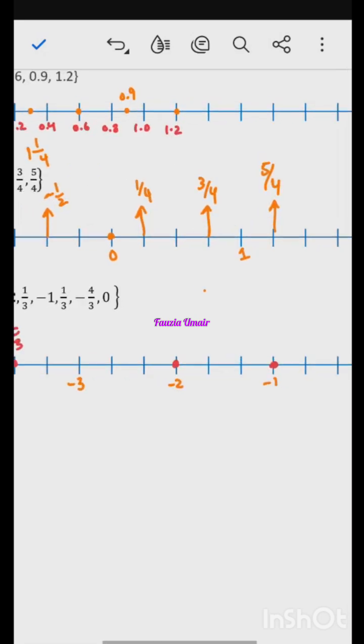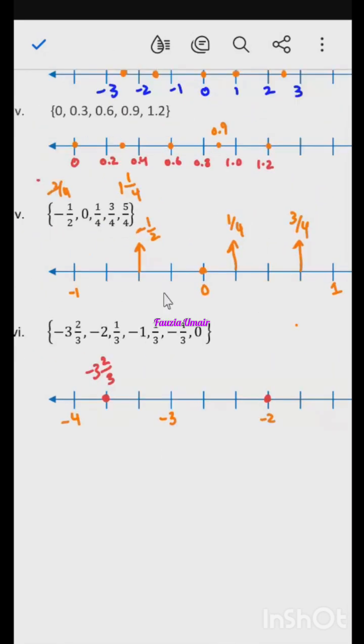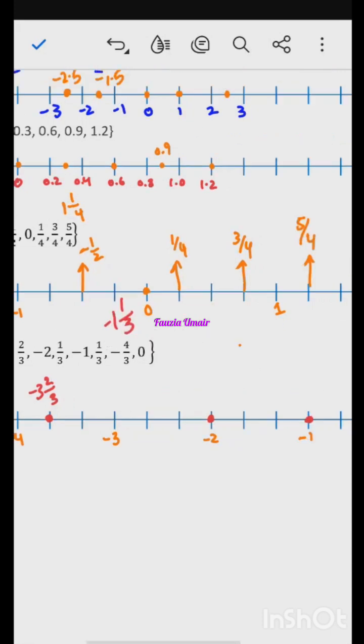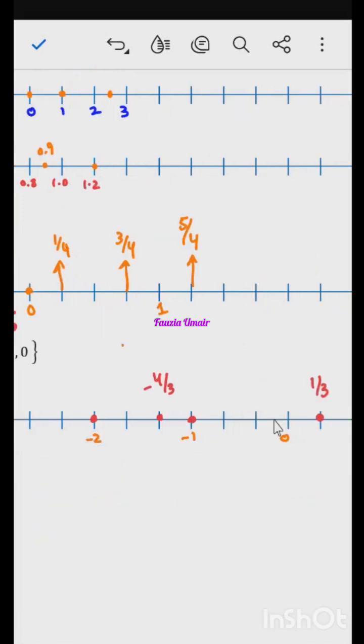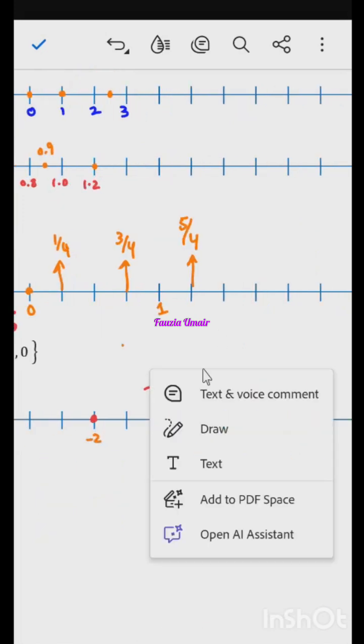So minus 4 by 3 in the mixed form is basically minus 1 whole 1 by 3. So minus 1 whole 1 by 3 will be between minus 1 and minus 2. So this is the point where minus 4 by 3 is located. And the last rational number is 0. So this is the point where 0 will be located.